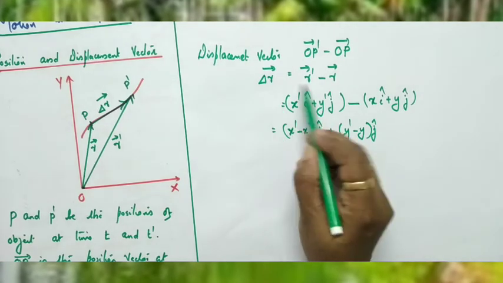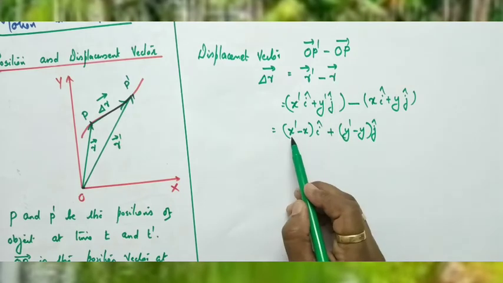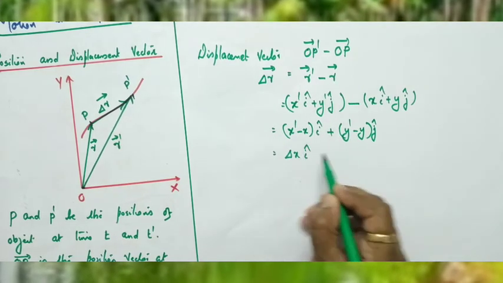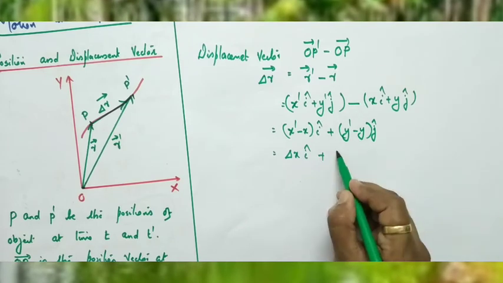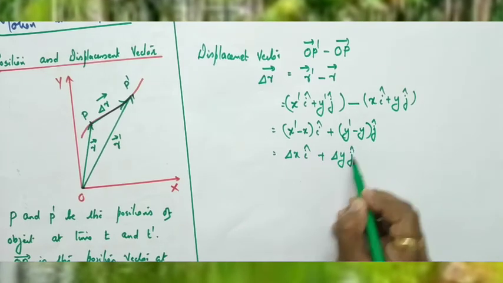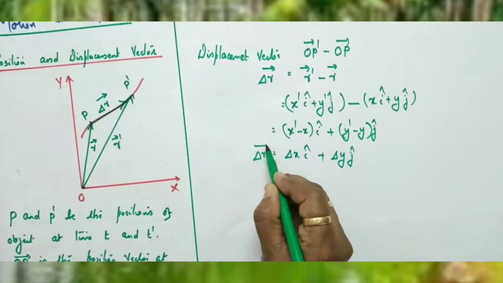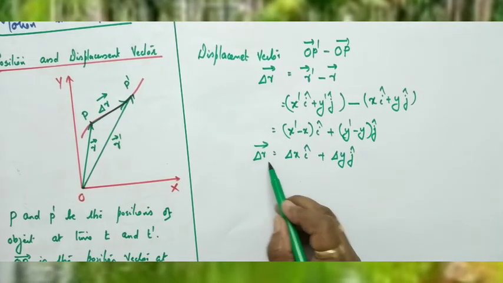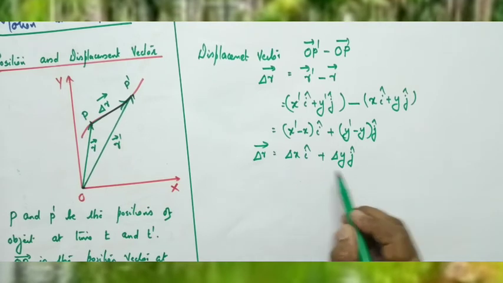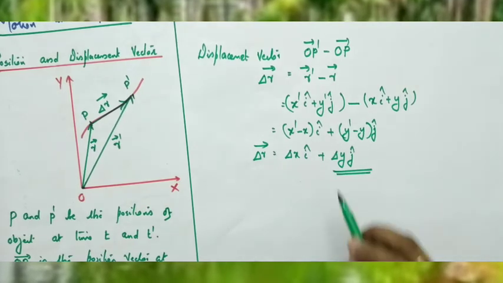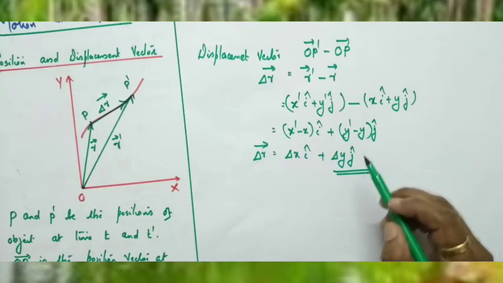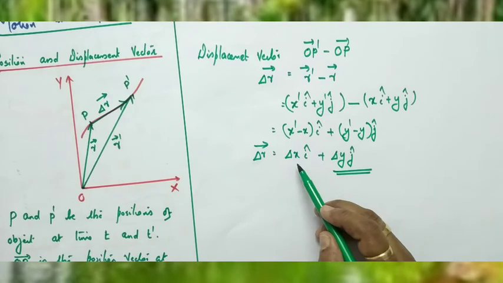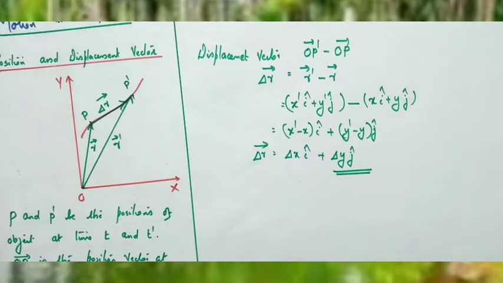We know that displacement vector is R dash minus R. Similarly, X dash minus X is delta X I cap plus Y dash minus Y is delta Y j cap. So, the representation of displacement vector in resolved form is vector delta R equal to delta X I cap plus delta Y j cap.